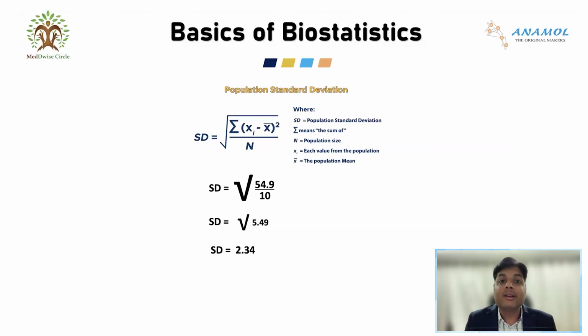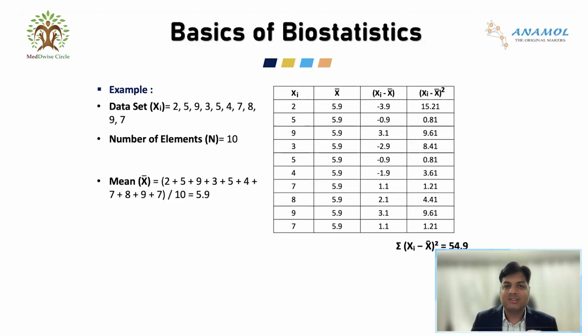So now we will look back at the formula for standard deviation. Standard deviation is nothing but the square root of the summation of (x minus x bar) whole square divided by n. Here, the (x minus x bar) whole square we calculated from the previous table.